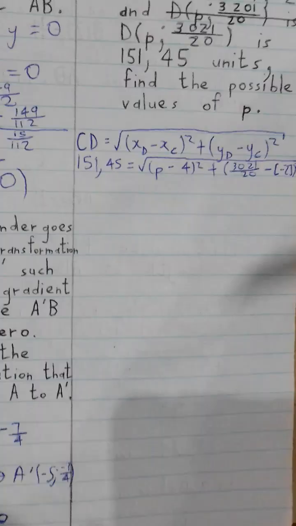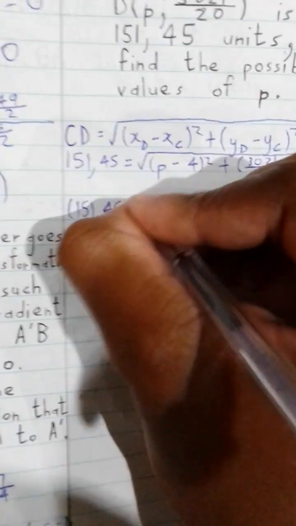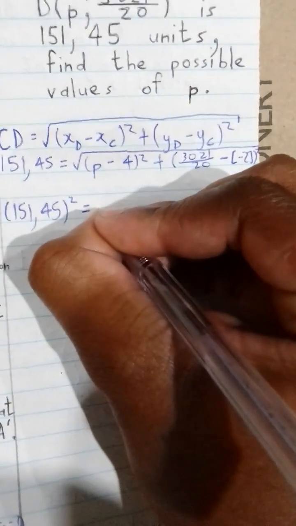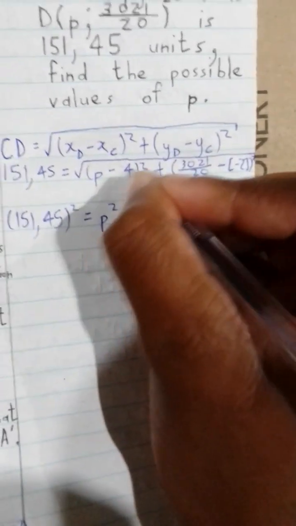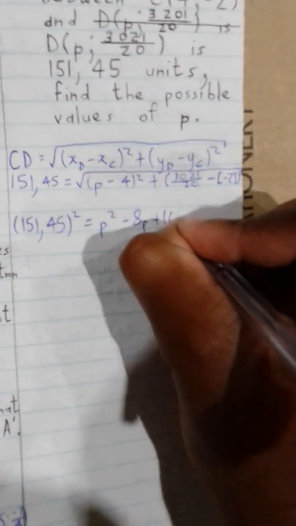To remove the root sign, we must square both sides. So 151,45 squared. Expanding this, we're going to get p squared. Their product times 2: p times negative 4 is negative 4, p times 2 is minus 8p. Plus negative 4 times negative 4 is 16. Plus 3021 over 20, negative times negative is positive, squared.